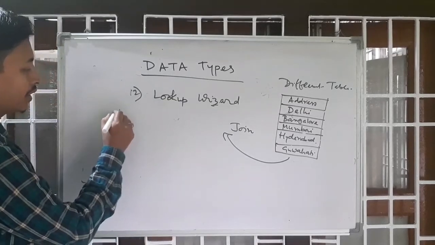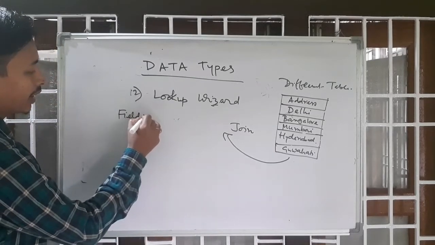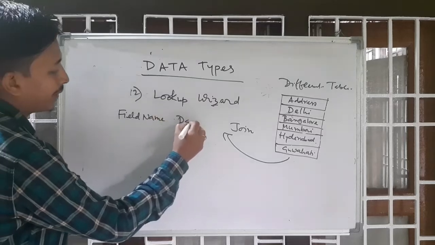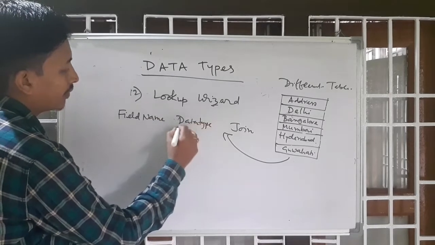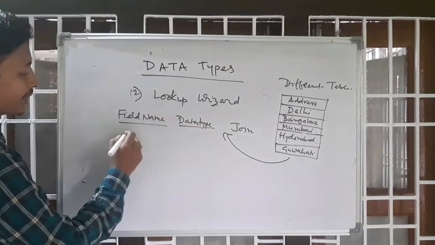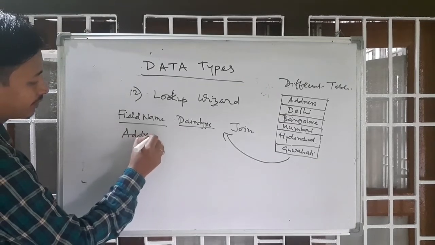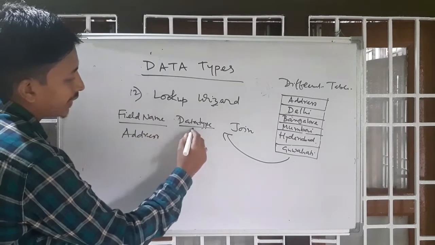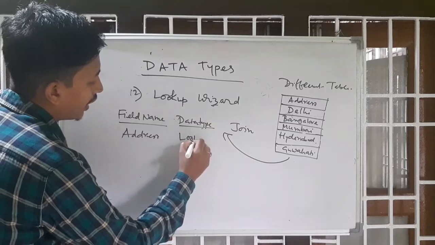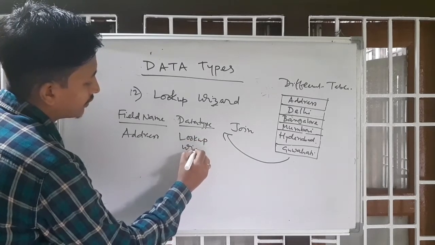For example, in the field name and the type, field name say address and the data type should be lookup wizard.